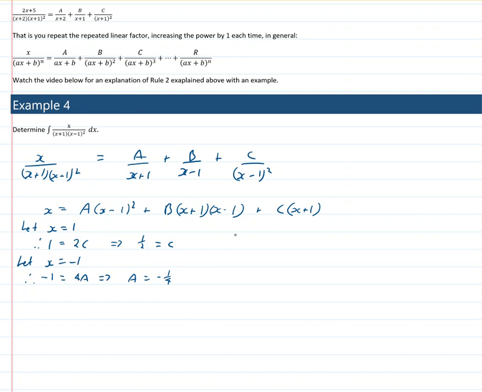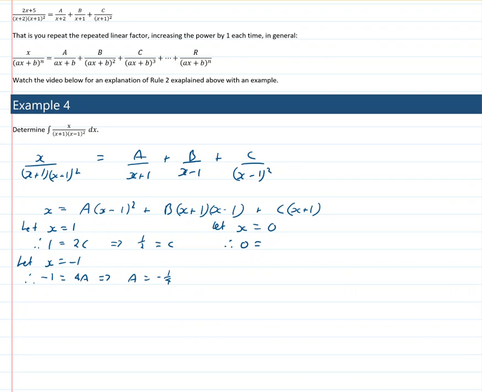Now for B, we can't put anything in that will cancel A and C out without B cancelling out, so I'm going to put in the easiest number to work with, which is 0. So if we put 0 in, we're going to have 0 take 1, so squared, so that's going to be negative A, right?